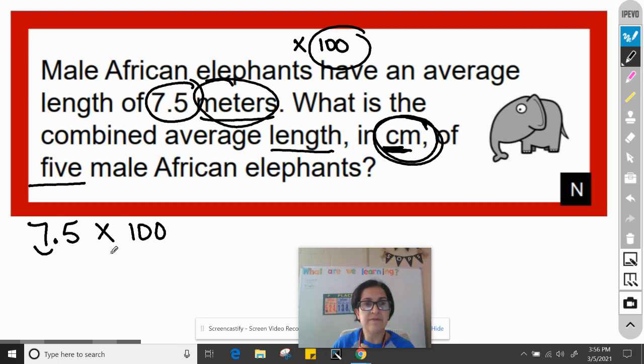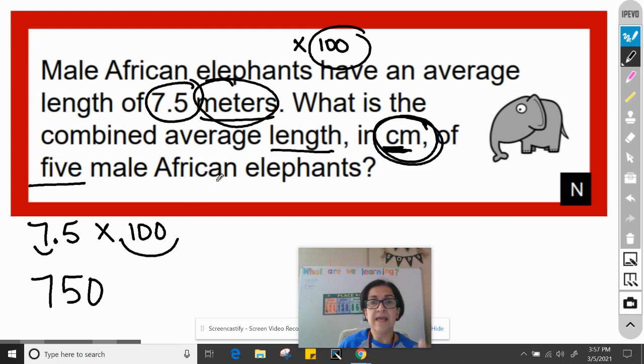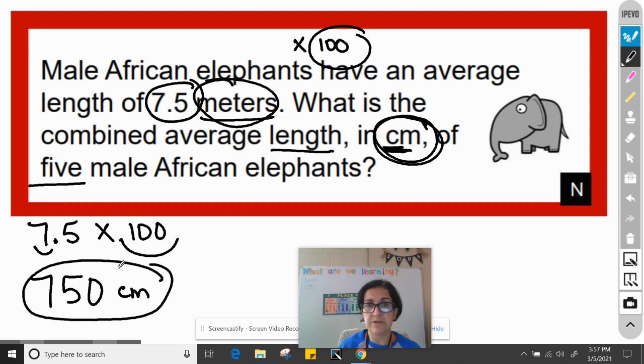Forget about this. Think about the 7. What is 7 times 100? Well, 700. So your 7 now is 700. Put your 5 after it. 750, right? So then you'd have to put a 0 here. So the elephant in centimeters is 750 centimeters. That is for one elephant.